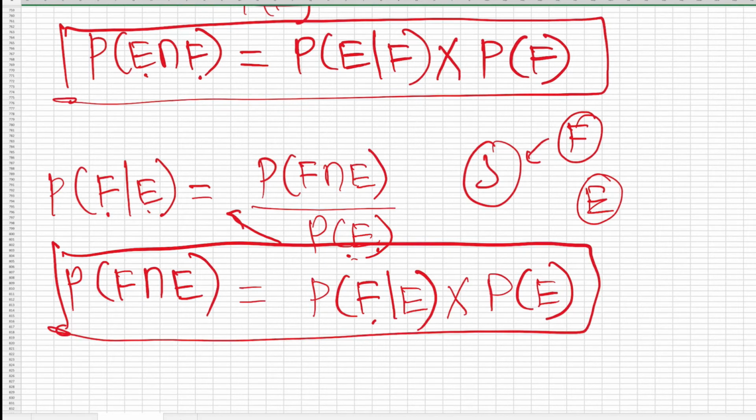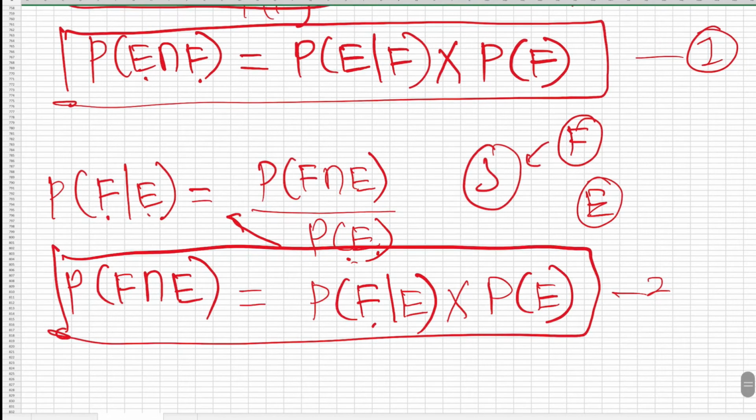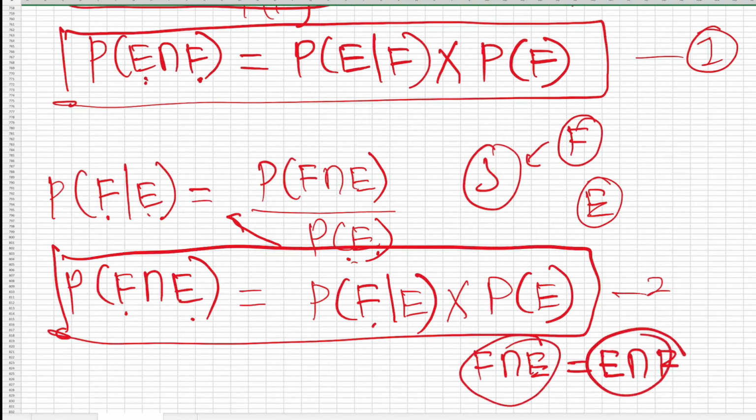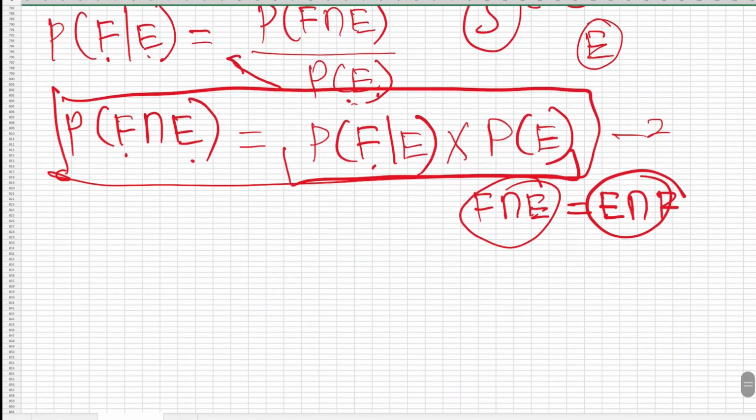Now we have these two different formulas, equation 1 and equation 2. Fundamentally, the probability of E and F is the same as the probability of F and E, because the elements common to E and F are the same as those common to F and E. So we can equate these two.